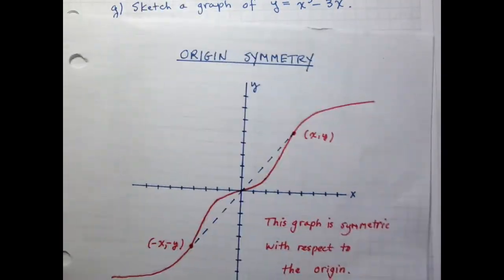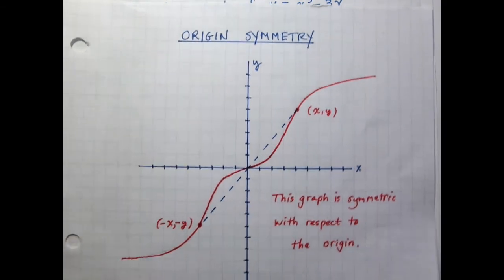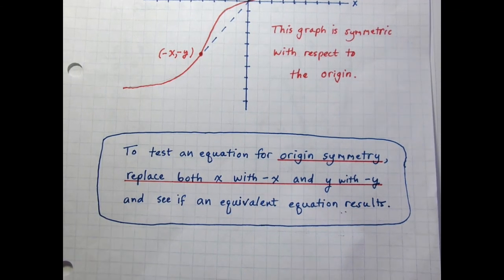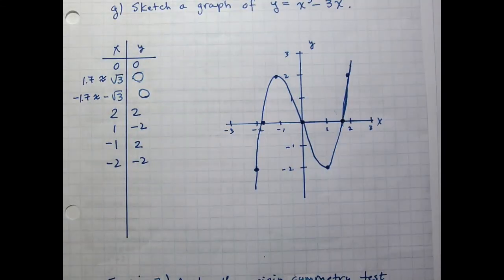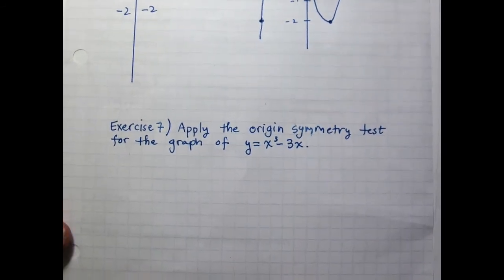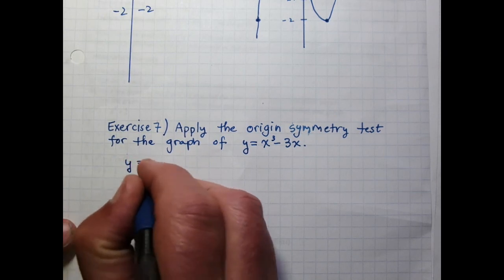Because there's this relationship between (x, y) and (-x, -y), you might be able to guess what the test is for origin symmetry. We have to replace both x with -x and y with -y and see if an equivalent equation results. So let's apply the test to the equation we just graphed. Now we know it does have origin symmetry.